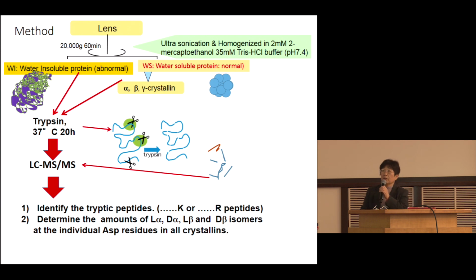These proteins were digested with trypsin at 37 centigrade for 20 hours. The resulting tryptic peptides were applied to LC-MS. So we can identify the tryptic peptides and determine the amounts of these isomers at individual Asp residues in all crystallins.